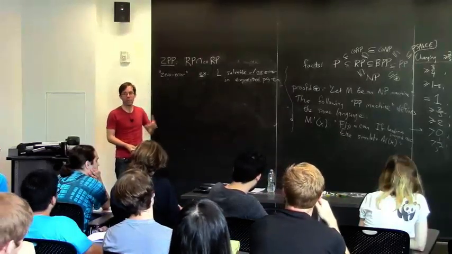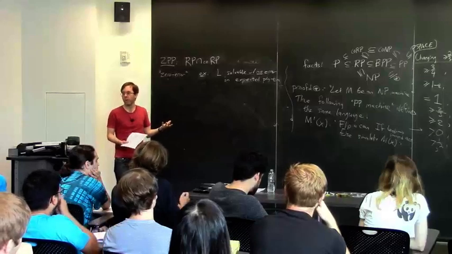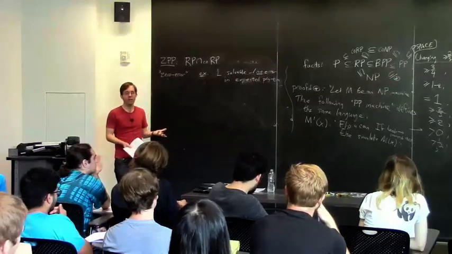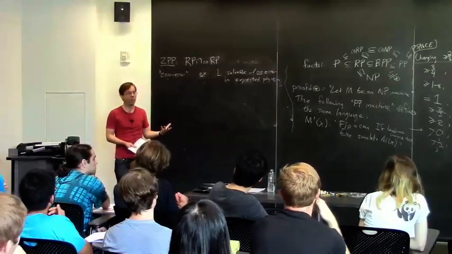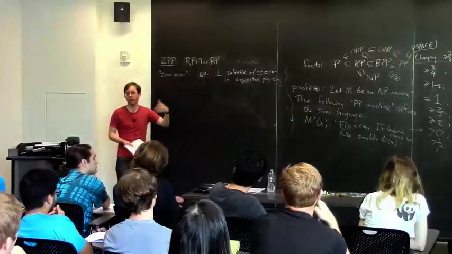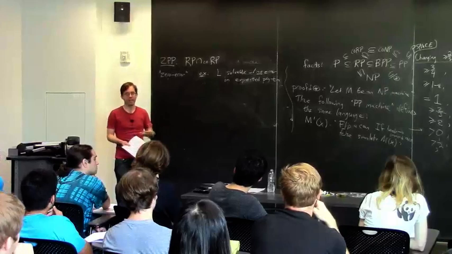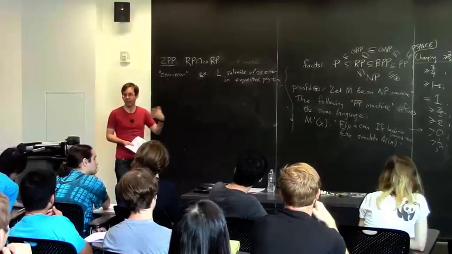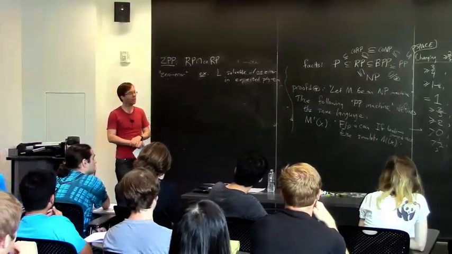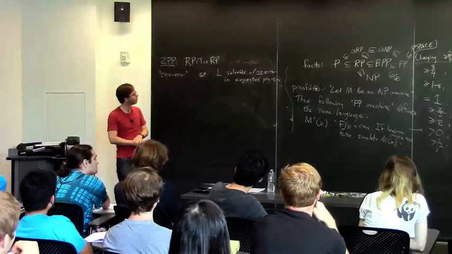RP is kind of like the case where plenty of strings are witnesses. So a deterministic algorithm might not be able to deterministically find a witness to a string being in a language, but if it just picks a potential witness at random, it has a good chance of finding one, and then it can confirm that it is a witness or a proof itself.